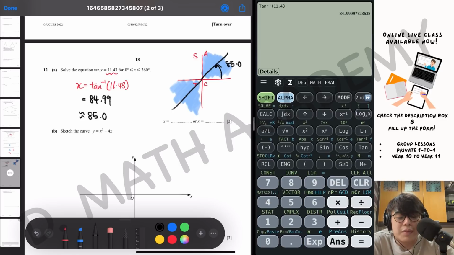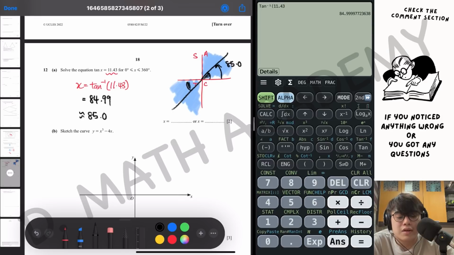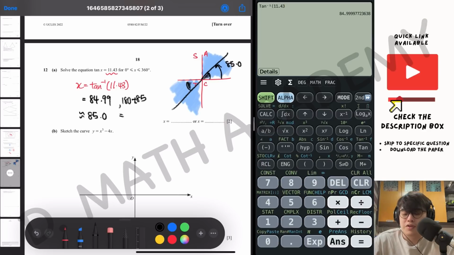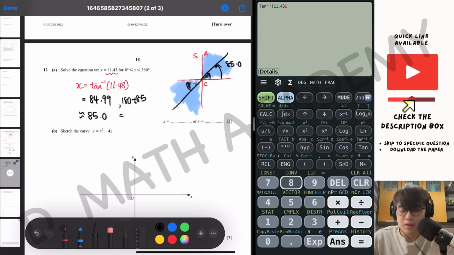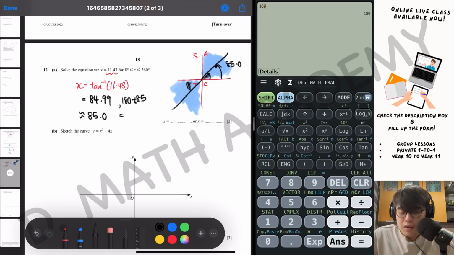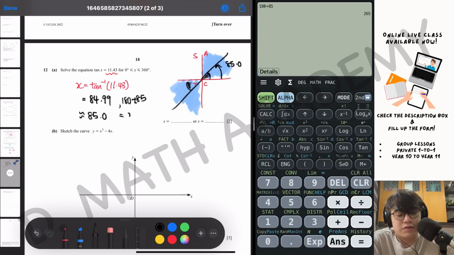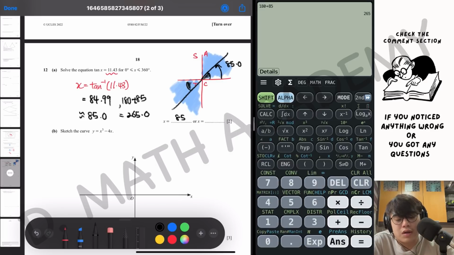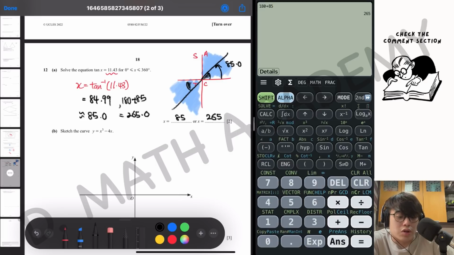And to find the other part, kindly take note this 85 will be reflected. So your second answer will be 180 plus 85, which is about 265.0. So this is how you get your question sorted out here.